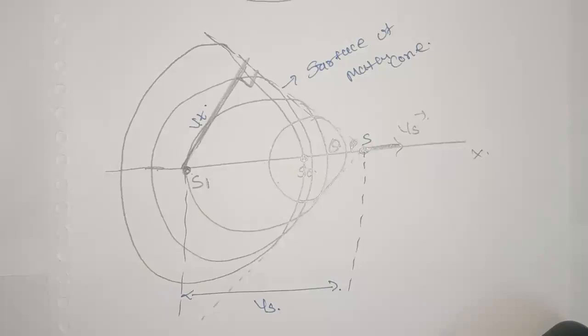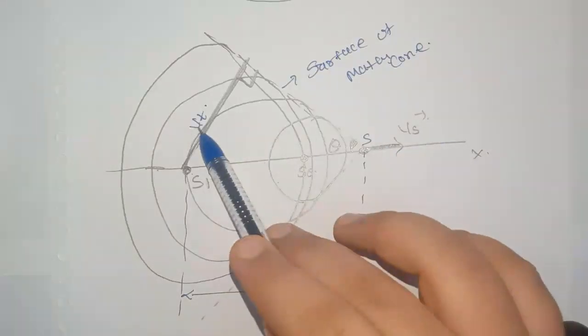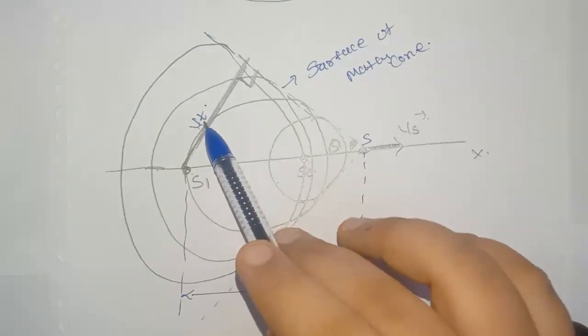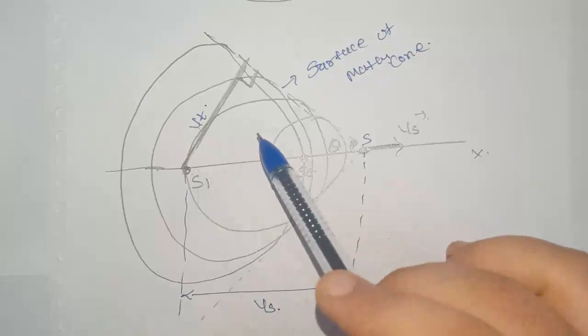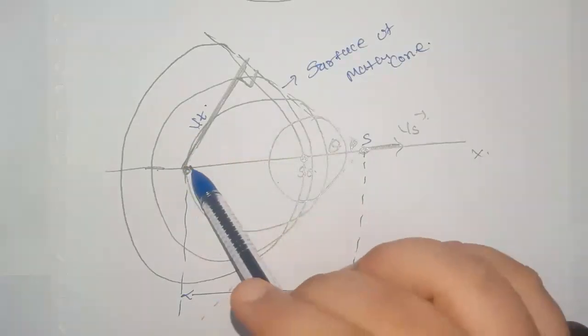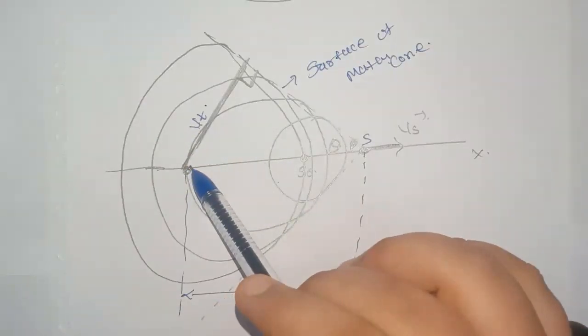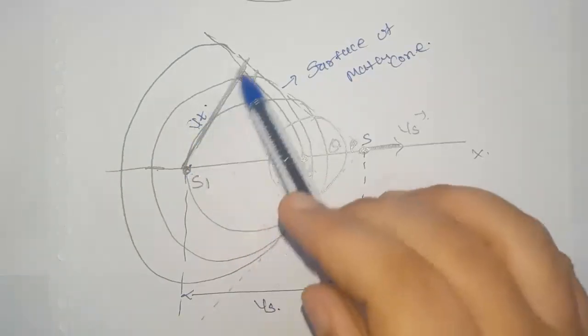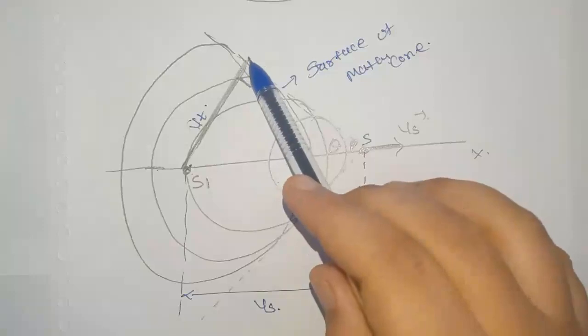Let Vt be the radius of any wavefront, where t is the time that has elapsed since the source emitted that wavefront. For example, at point S1 it has emitted some sound with speed v. After time t, it should have reached this point.